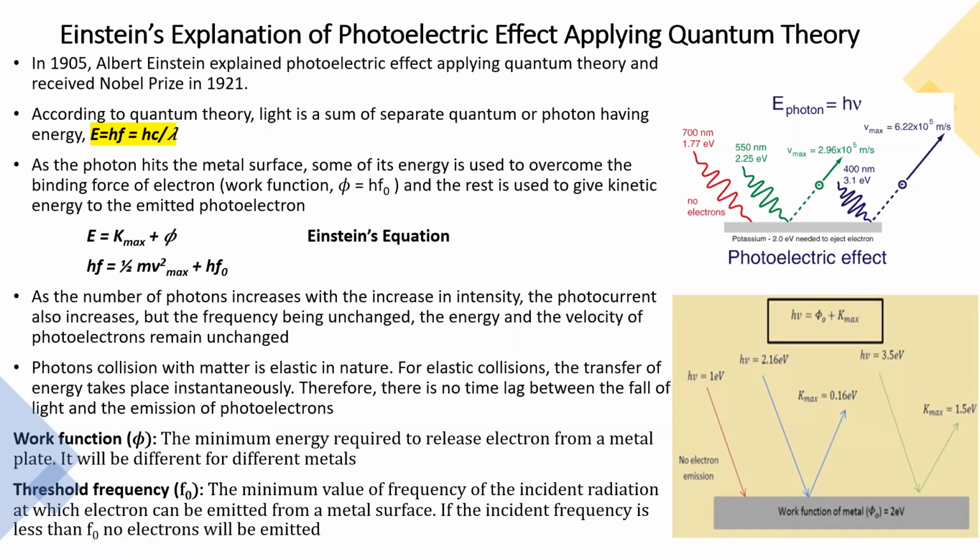So hf, that is the energy of the incoming photon, equals half m v maximum squared, that is the maximum kinetic energy of the electron, where v maximum is the maximum velocity of the electron, plus the work function, which we can represent as hf naught. What is h here? Planck's constant. And what is the value of Planck's constant?